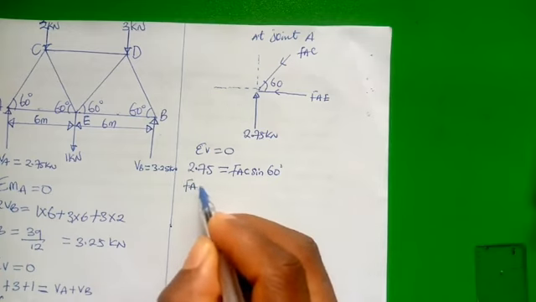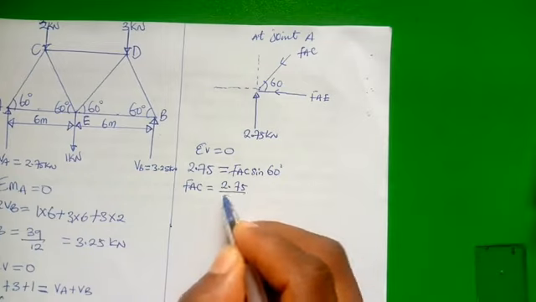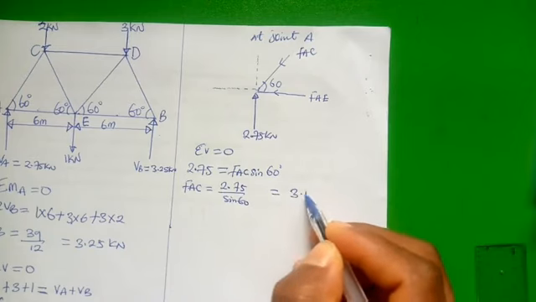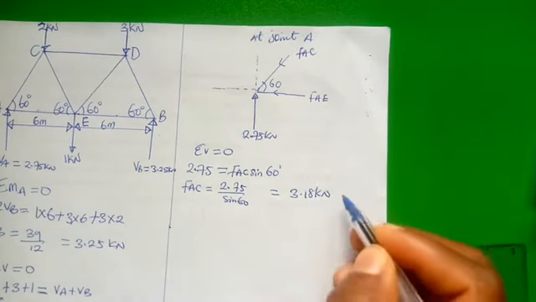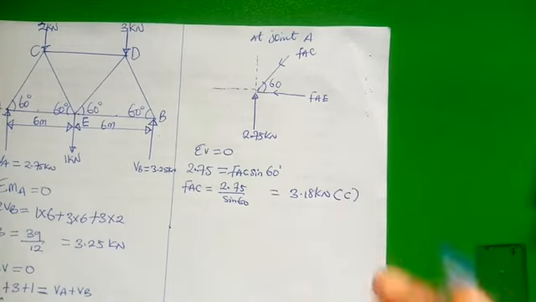Therefore, our FAC is equal to 2.75 all over sine 60, and that will give us 3.18 kilonewton. It is positive, therefore this is compression.